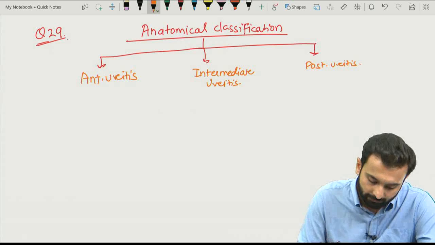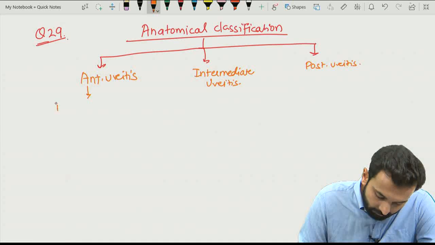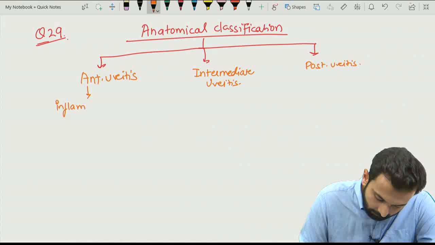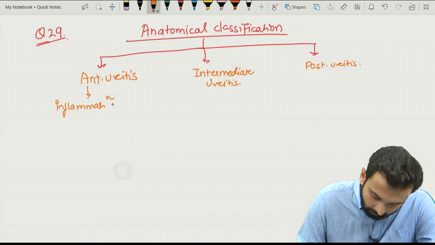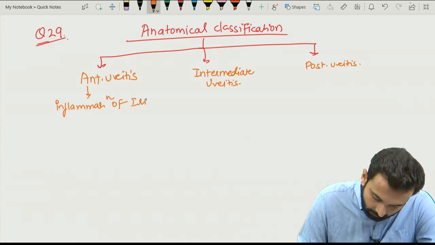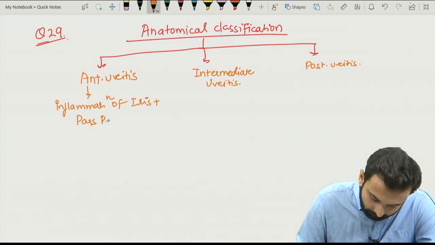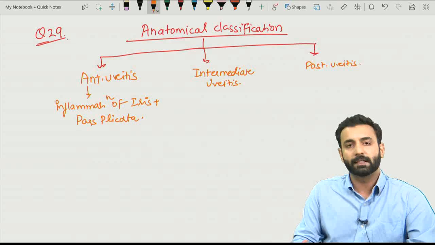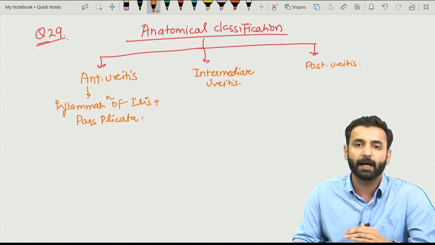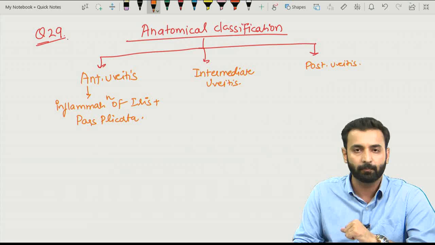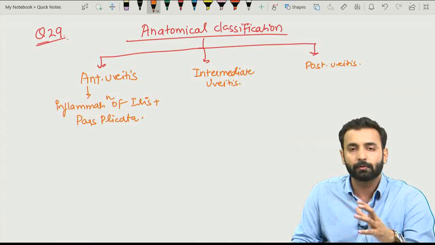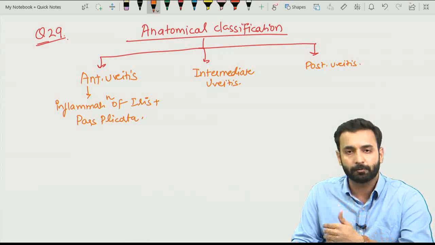What is anterior uveitis? It involves inflammation of iris and pars plicata of the ciliary body. As you all know, the ciliary body has two parts, pars plicata and pars plana.